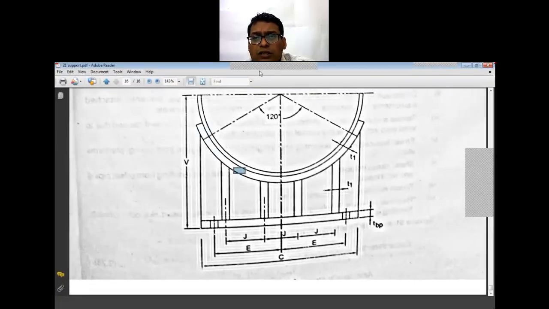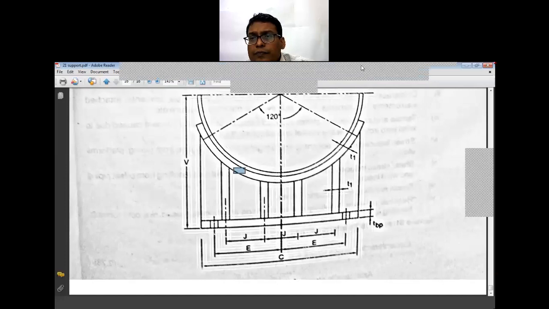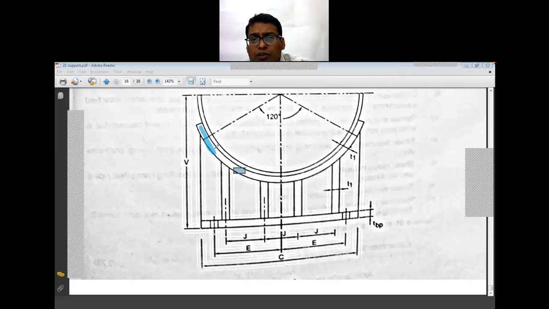This is to sustain the load due to the saddle support. We are going to provide the stiffening rings.